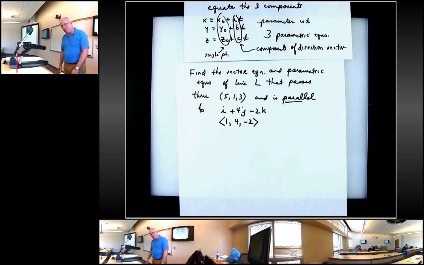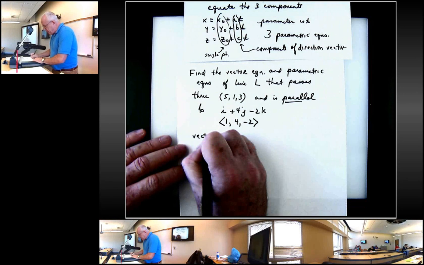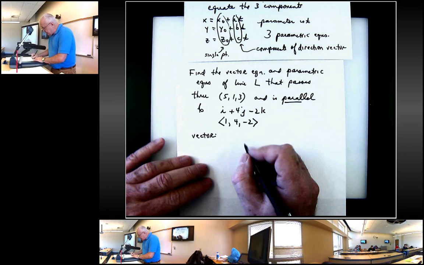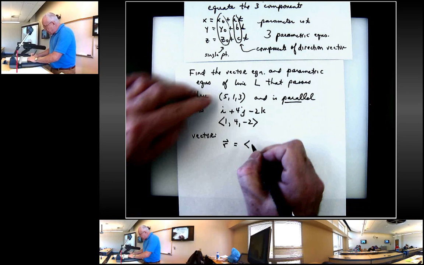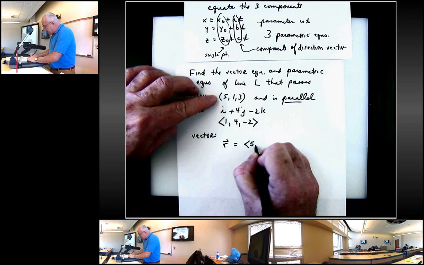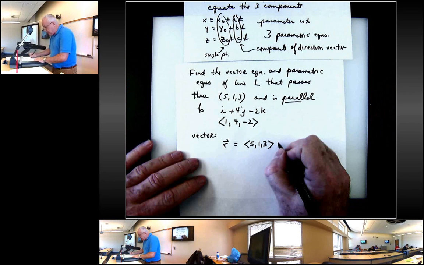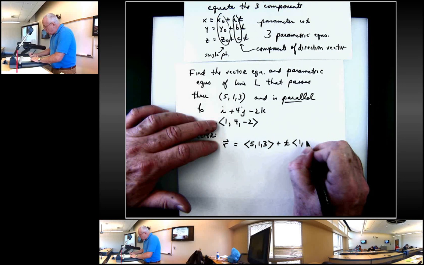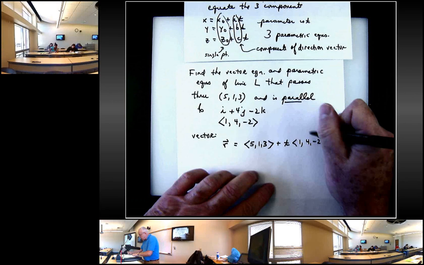All right. So for the vector equation, it's basically going to be something like this. r is going to be equal to our single point in angle brackets, 5, 1, 3, plus t times our direction vector, 1, 4, minus 2. Okay, so this is our direction vector.